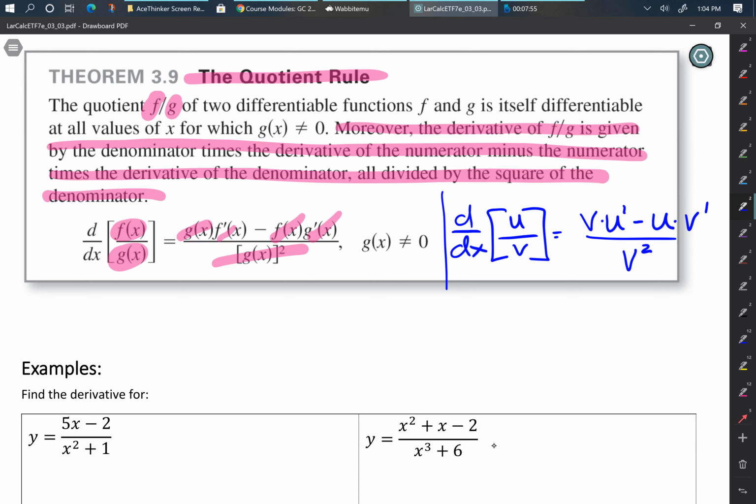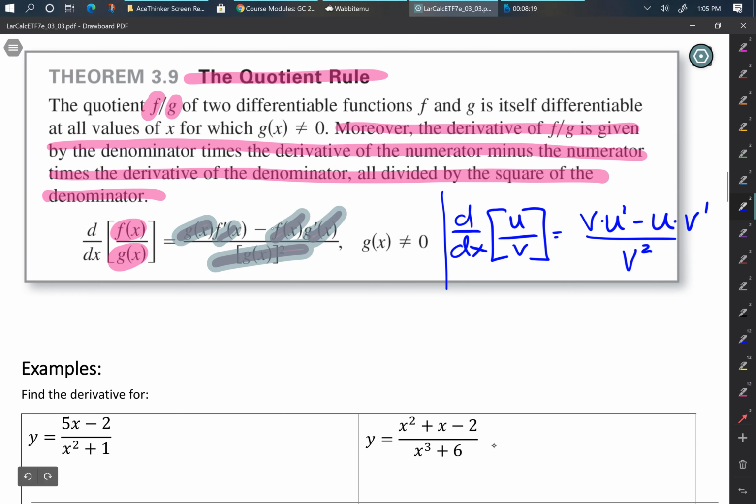The denominator times the derivative of the numerator minus the numerator times the derivative of the denominator, divided by the square of the denominator, v squared. Okay? There's a little sing-song you can do with this. Low d high minus high d low over the square of what's below.